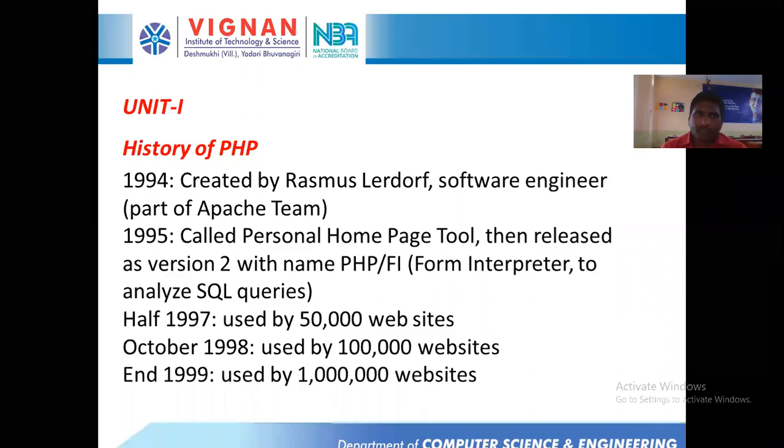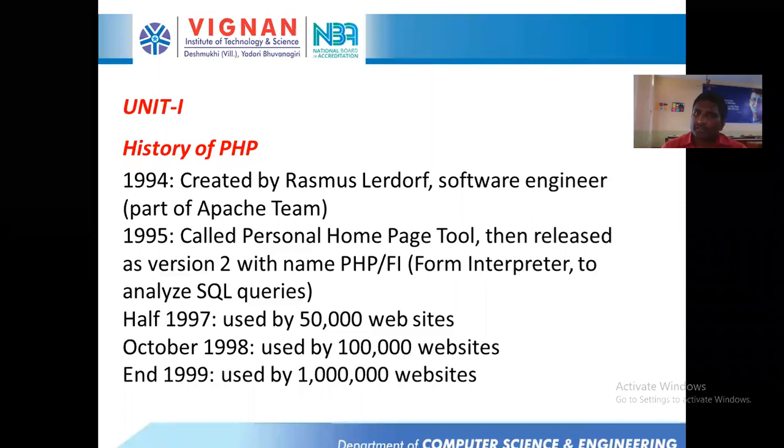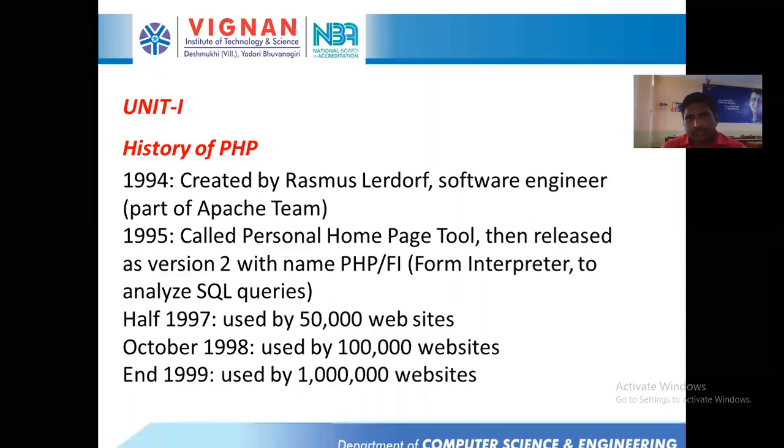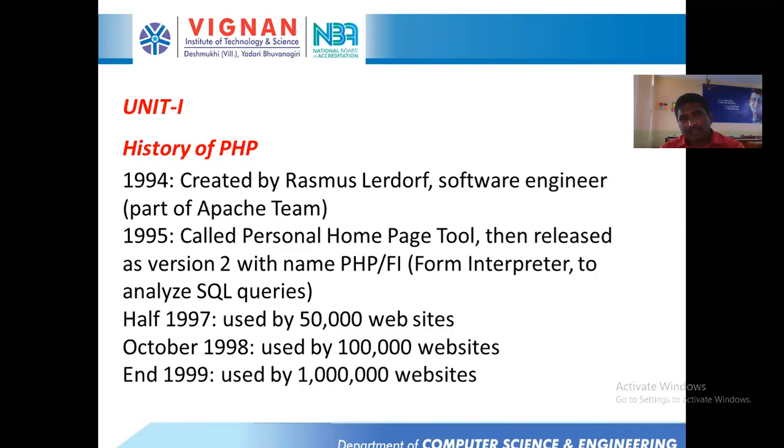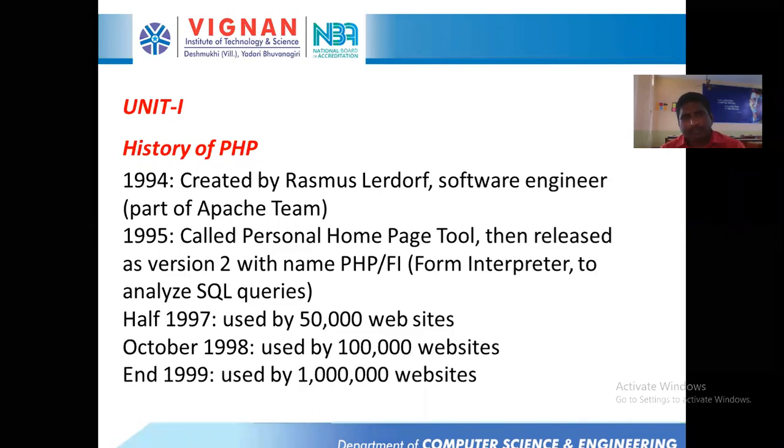Initially it was 1994, and later in 1995 it came out as a public version, PHP/FI. By mid-1997, PHP was used by almost 50,000 websites. Because the number of clients grew, additions and improvements to PHP increased year by year.